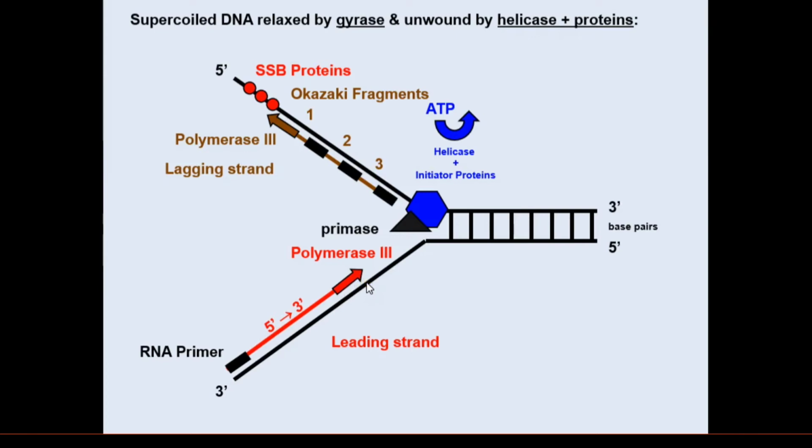While the other strand is called the lagging strand, the lagging strand is replicated discontinuously. Here you see that this strand is synthesized in small pieces, so the lagging strand is replicated discontinuously.